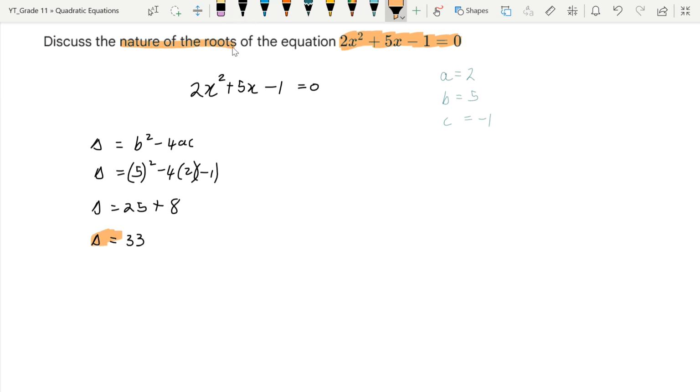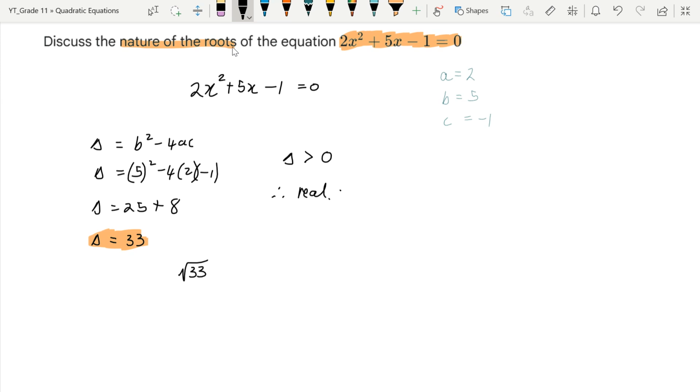Okay, now let's use that to comment on the nature of roots. Well, delta is definitely bigger than 0 because 33 is bigger than 0. Therefore, the roots will be real. But 33 is also a non-perfect square. We cannot get the square root of 33 without our calculators. It is irrational.